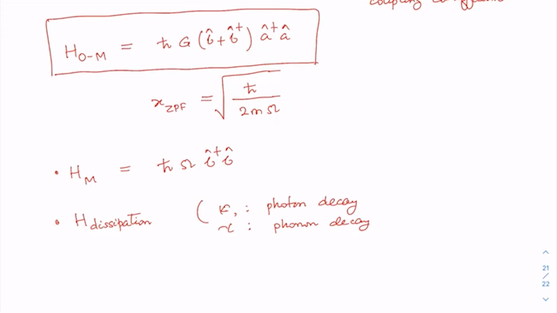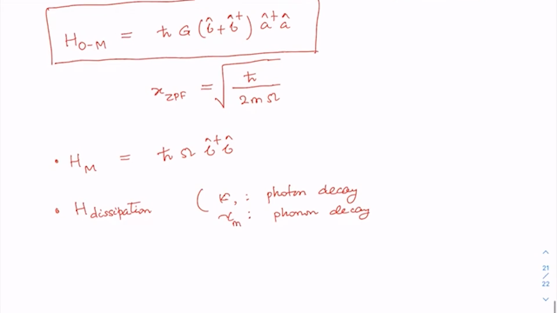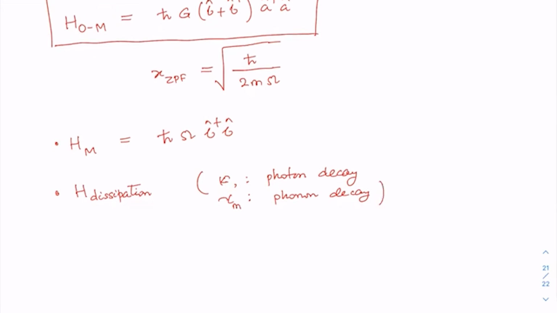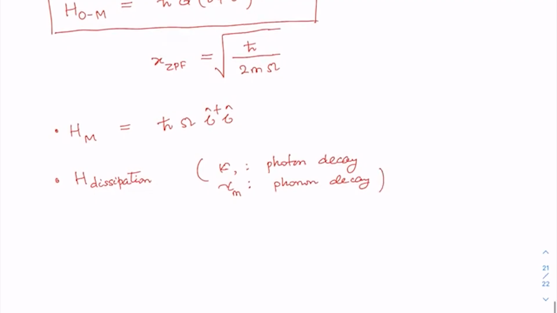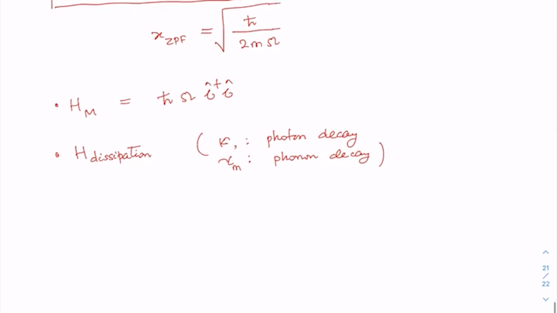This process is called mechanical damping, and the rate of mechanical damping is denoted by gamma. I can put an M here to emphasize that I'm talking about the decay of the mechanical phonons, or quanta of the mechanical oscillator.